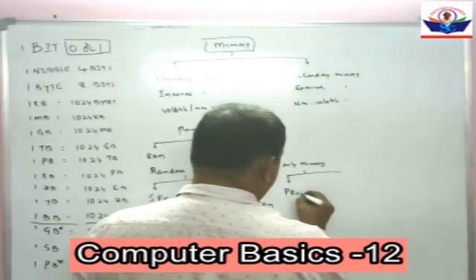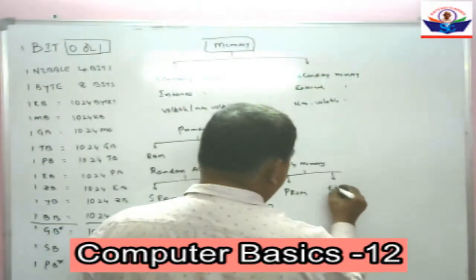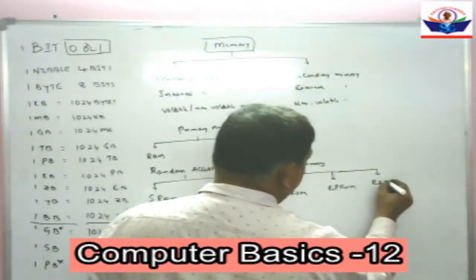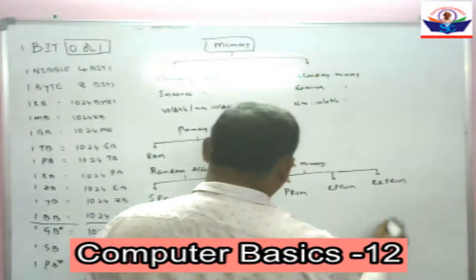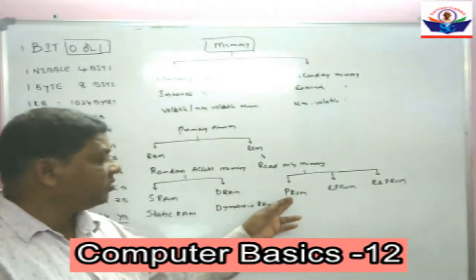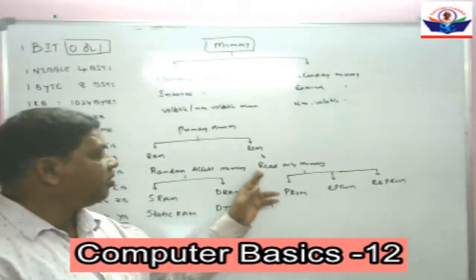Under read-only memory, we have three types of ROM.